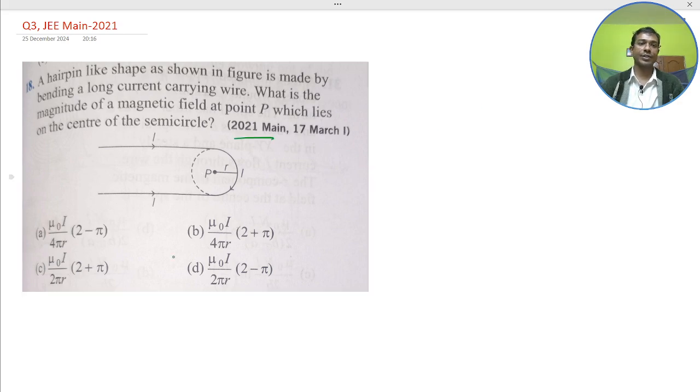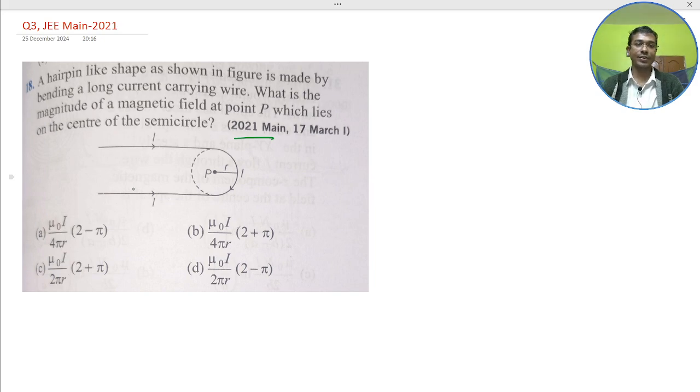This is also a recent question. A hairpin like shape as shown in the figure. You have to find the magnetic field. So two straight wires and a half semicircle.